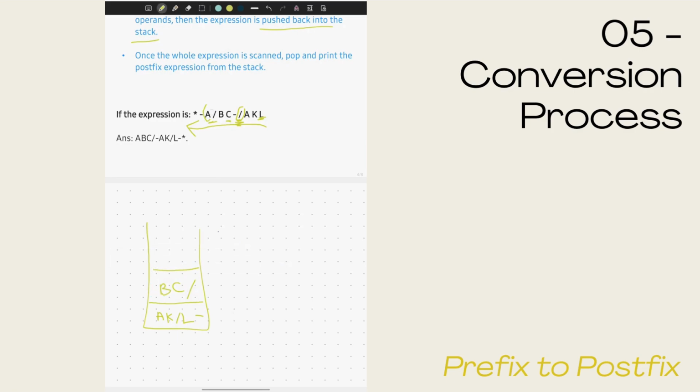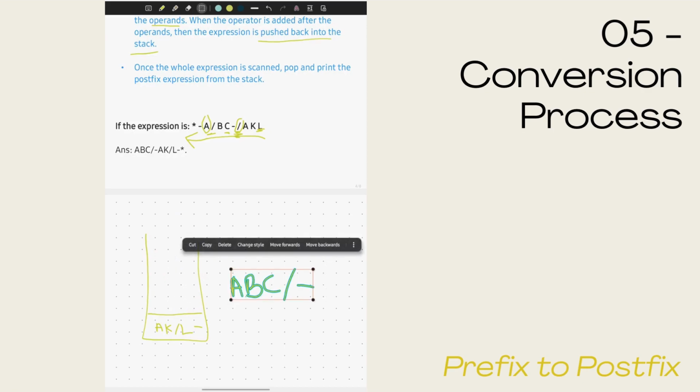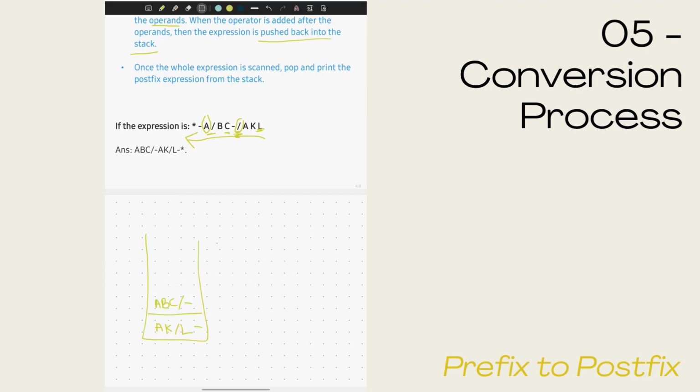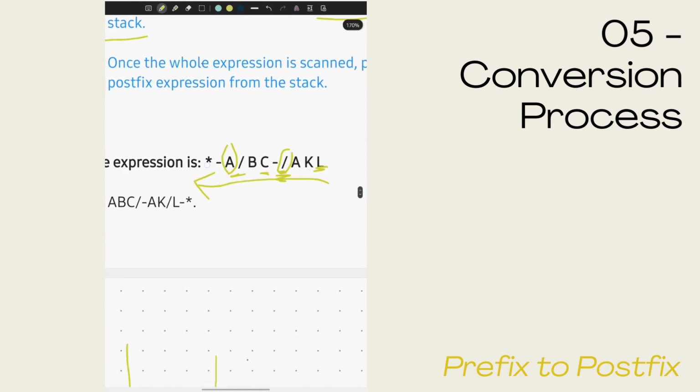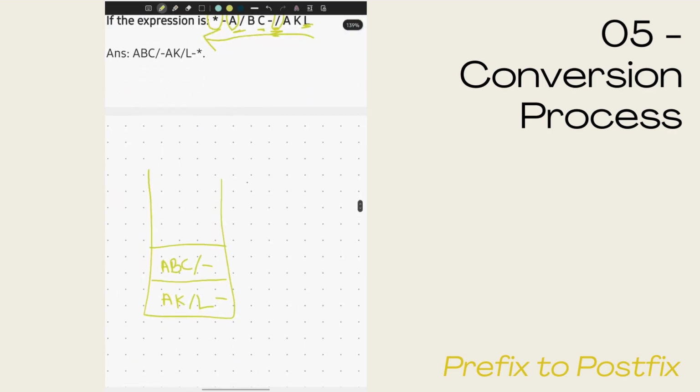and then we see here an operand, we push, and then minus. So we pop these two back, A, B, C, divide by, then we add minus after the two operands, then we push it back into the stack. Then now our last symbol is an operator, which is a multiply symbol.